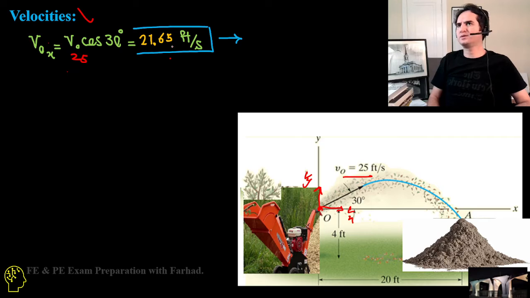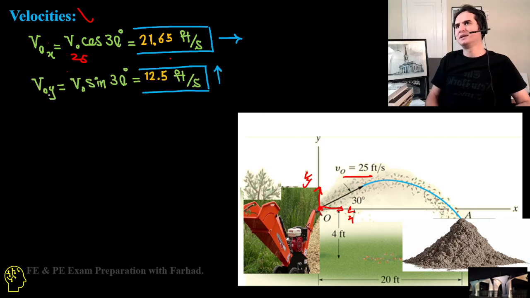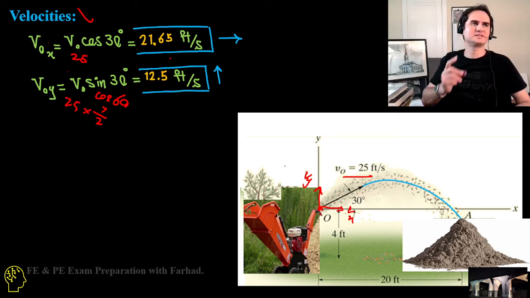That's 21.65 feet per second. And V naught y is V naught sine of 30, which is cosine of 60, and that's one half. That's 25 times 1 over 2, 12.5 feet per second. Those are the two components of our velocity in two dimensions.